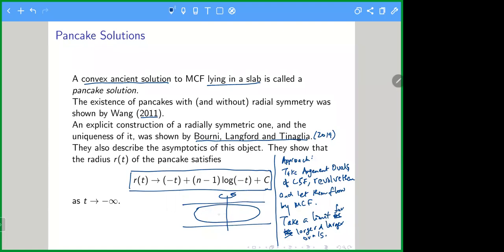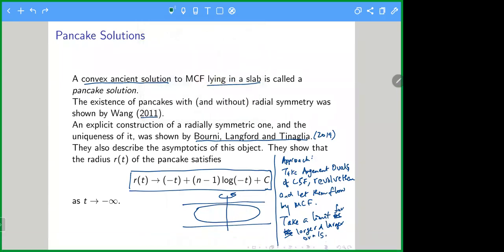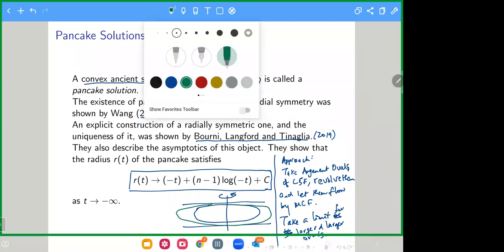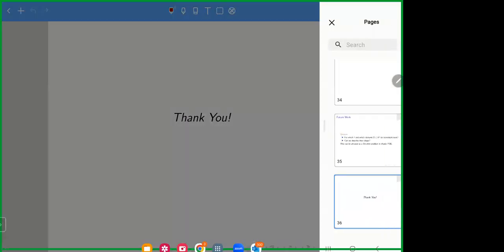So let's say, maybe I'll draw one more time slice of this object. For a previous time it looks like that.